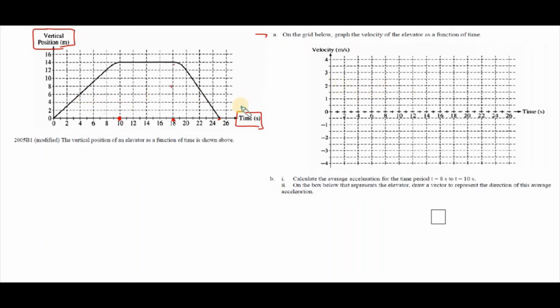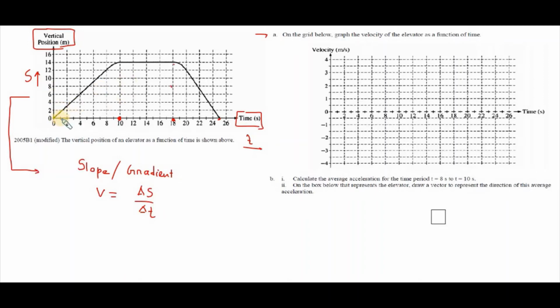From the position time graph, to define the velocity, we have to find the slope or the gradient. The slope or gradient of this position time graph is basically going to represent the velocity. So v equal to, if the position is represented by s and the time by t, delta s upon delta t.